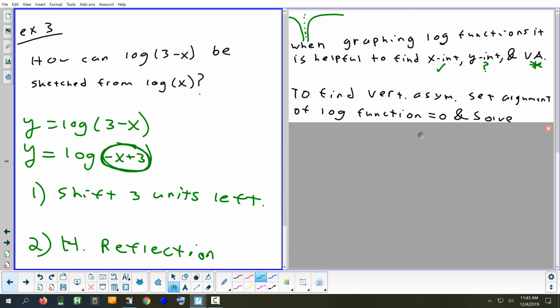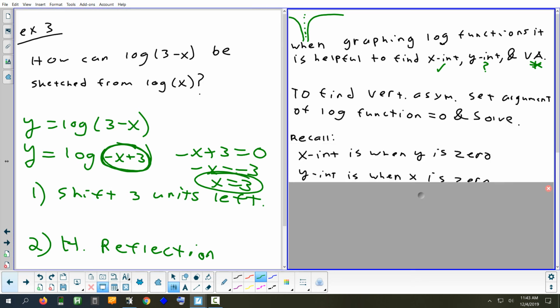Okay, so if I wanted to find the vertical asymptote of this one, I would go like this. So if I was going to sketch this, it would have a vertical asymptote at x equals 3. You don't have to sketch this one. We're going to sketch a different one. Okay. Remember, the x-intercept is when you plug in 0 for y.